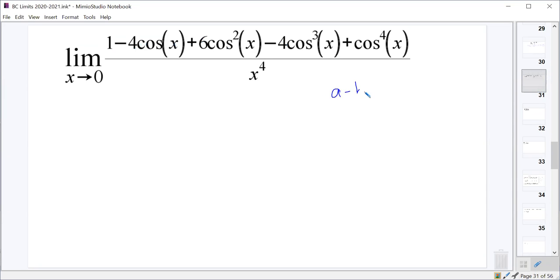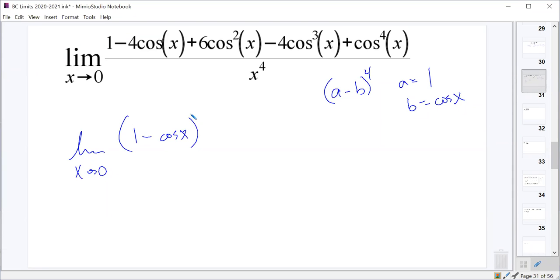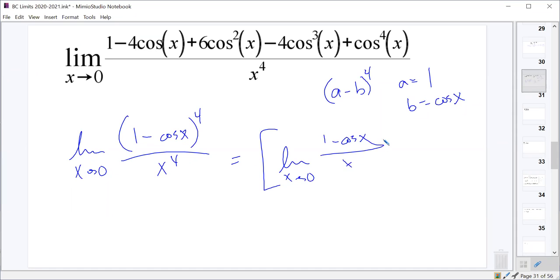So the numerator there should be a minus b to the fourth, with a equal to 1 and b equal to cosine. So this ought to become the limit as x approaches 0 of 1 minus cosine x to the fourth over x to the fourth, which just becomes the entire limit raised to the fourth power, or 0 to the fourth, or 0. Good or no?